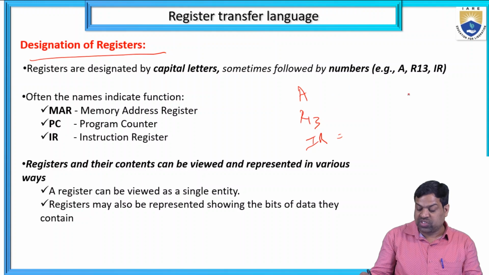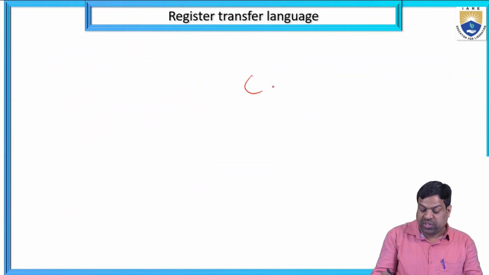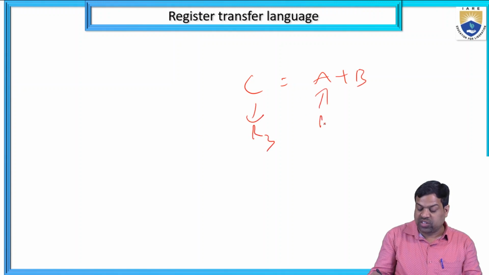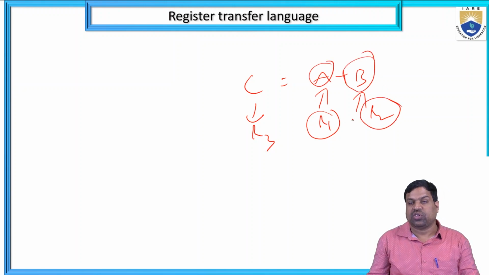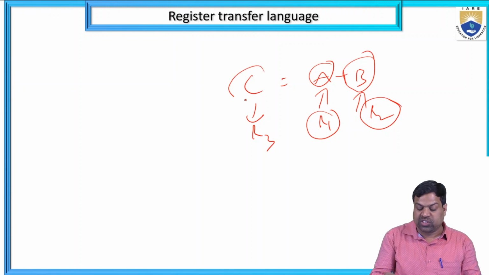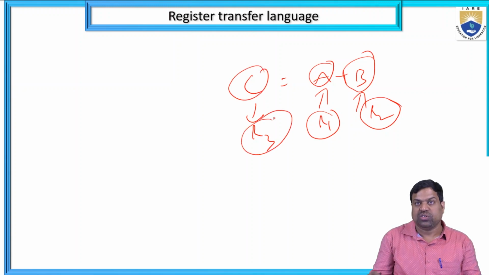Previously I said, suppose I am taking C equal to A plus B. So here C is nothing but R3, A is nothing but R1, B is nothing but R2. So R1 is one register which stores the value of A. R2 is also one register which stores the value of B, and the resultant value is stored in C, but C belongs to R3.